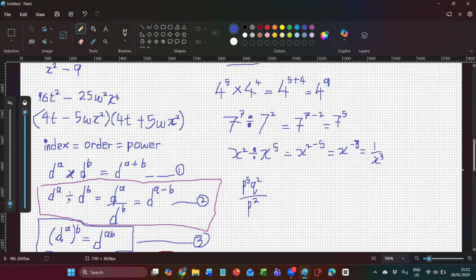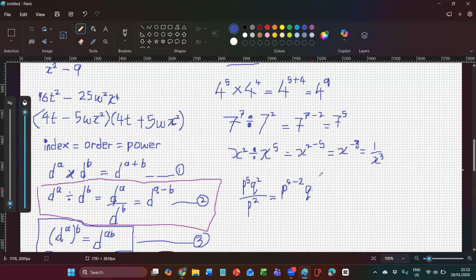Now, if you remember the law of division, apart from saying the power of the one on the left minus the power of the one on the right, it also says the power of the one on top minus the power of the one beneath. Please take note, only if the bases are the same. What that means is that it's only the p's that we're going to be doing this for. So the q will just stay there and wait for you. So it's going to be 5 minus 2. So you will not need to write that p at the bottom anymore. Why? Because we have taken care of it.